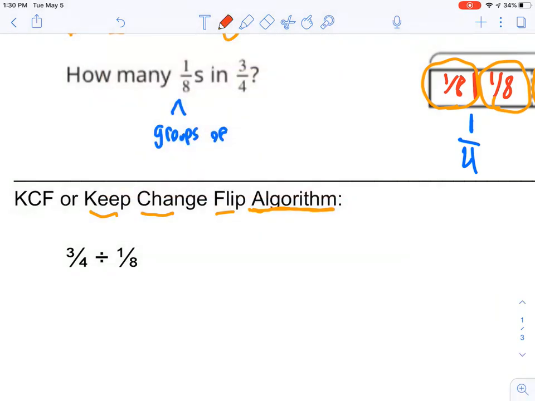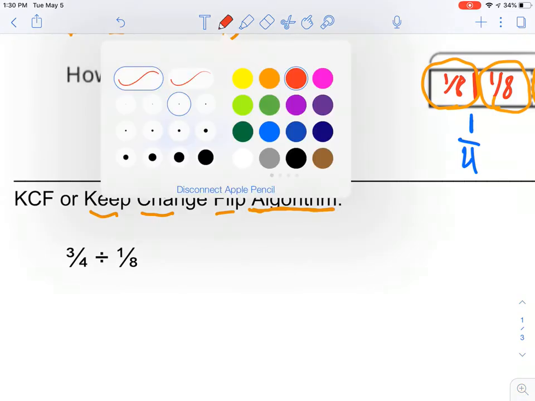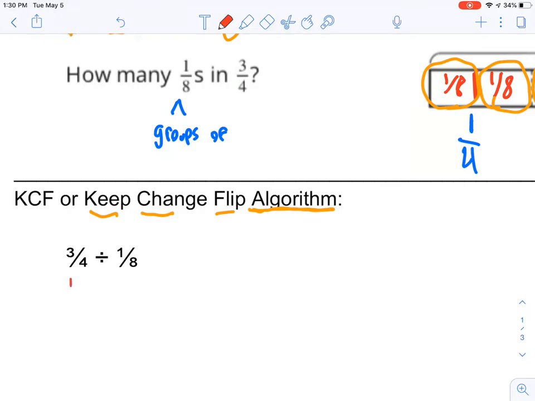So if you are dividing fractions using this algorithm, you always want to go ahead and keep the first. You want to change the mathematical symbol from a division sign to a multiplication sign. And I already said that we're going to keep the first one, so we'll keep that as 3/4.